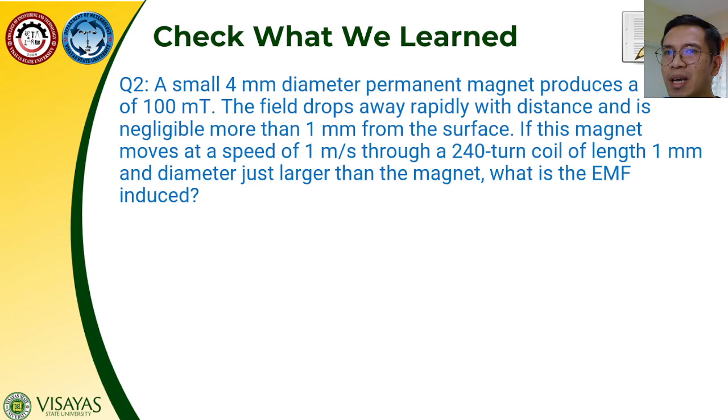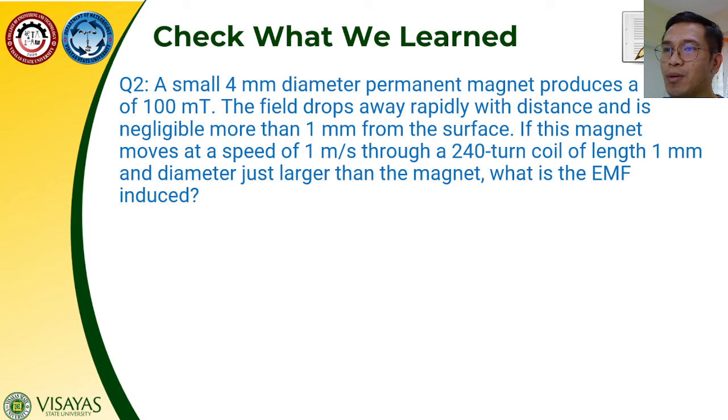So we have a sample problem here which you can solve in your own homes. You may pause this video so that you can start solving, but I'll read the question first. A small 4 mm diameter permanent magnet produces a field of 100 millitesla.